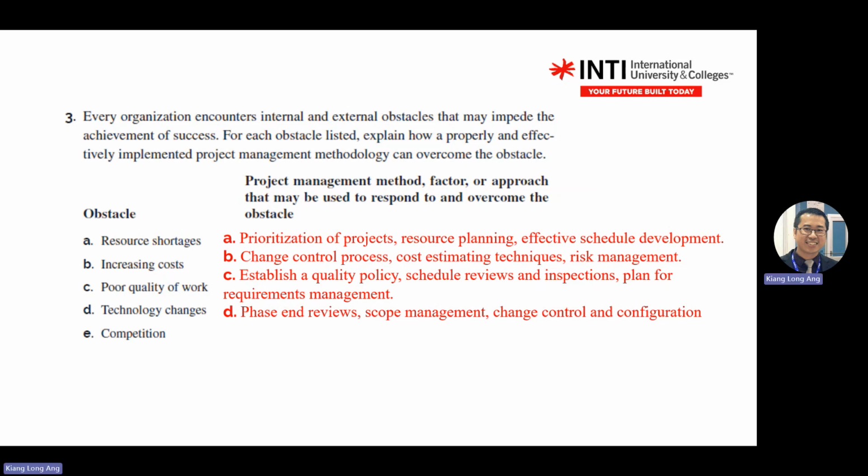Okay. So competition is also an environment factor. It's outside the company. So competition, what is your answer? You did see four examples of answers here. So what is your answer for E, competition? What can you do to handle competition?